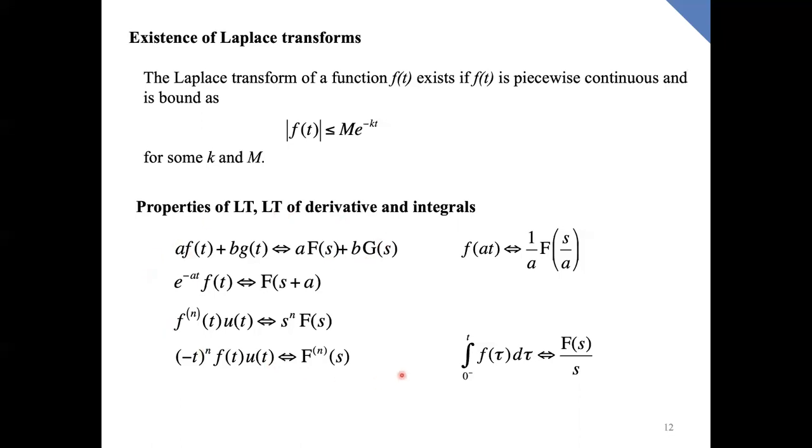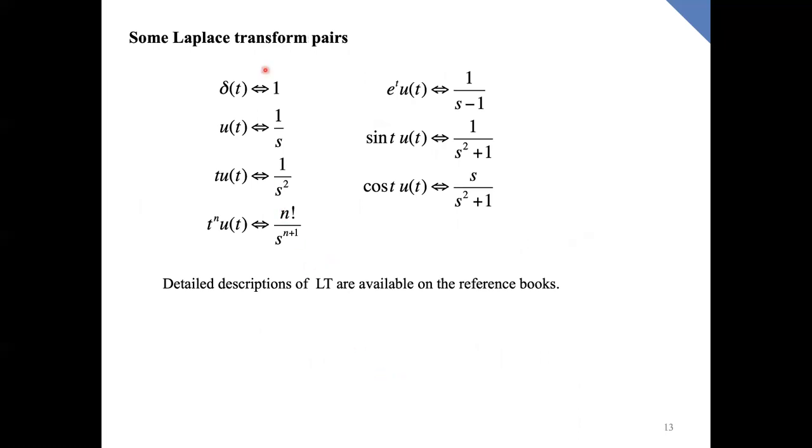Those are some properties, for example. One of the main properties is that if you have a Dirac delta function in time, so let me write a delta, basically let's assume that you have a disturbance that acts as a delta. If you do the Laplace transform of this delta, it will be equal to 1.